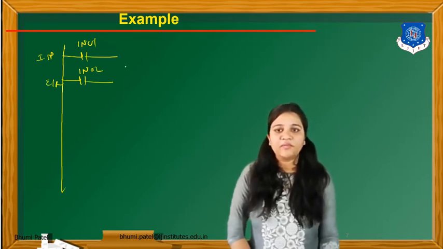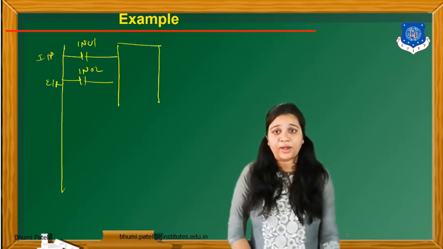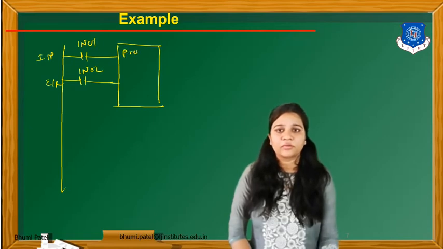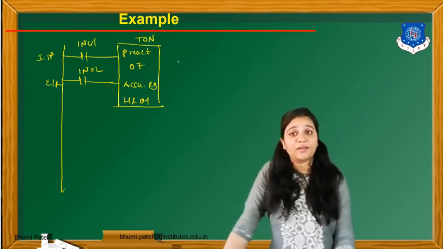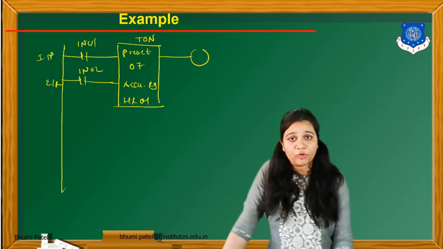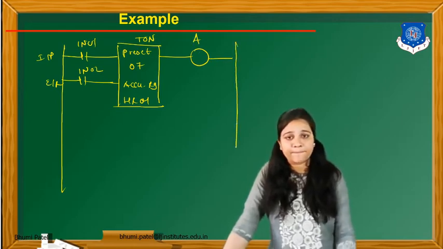The preset value given for the mixer is 7 seconds, so you have to write here in the preset 7 seconds and accumulator register HR01. Here we can use a T-on timer because after 7 seconds mixer A will start. So the output of this ladder is mixer A.